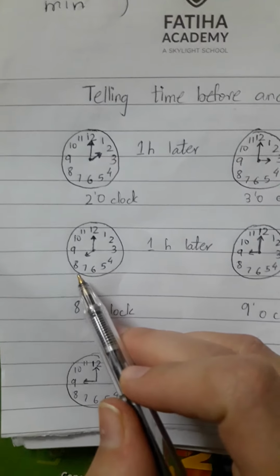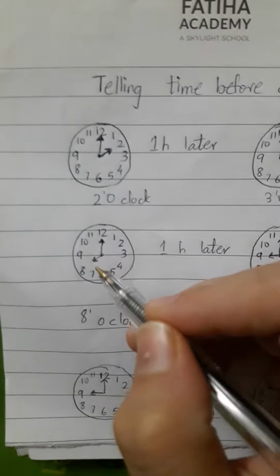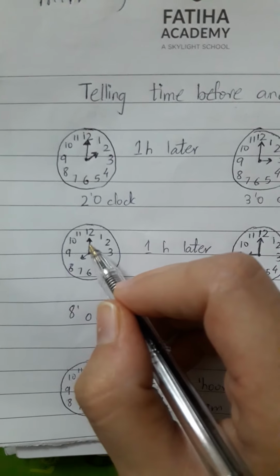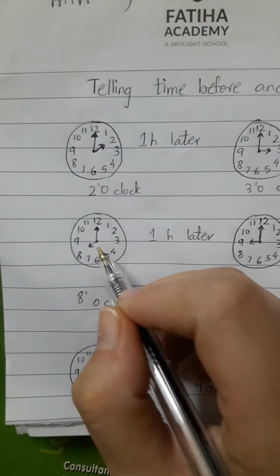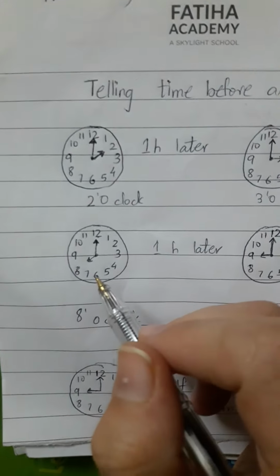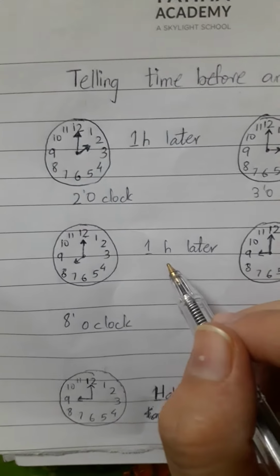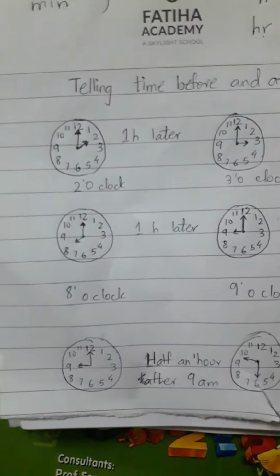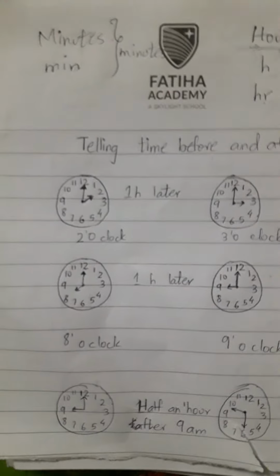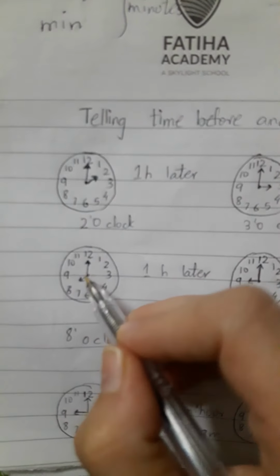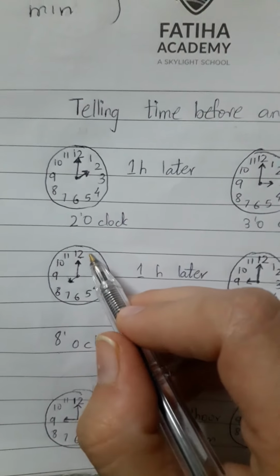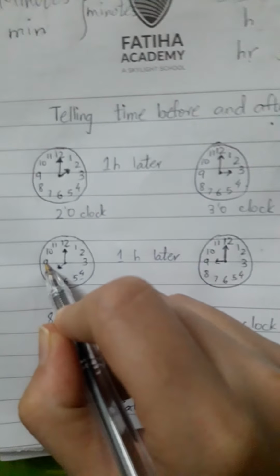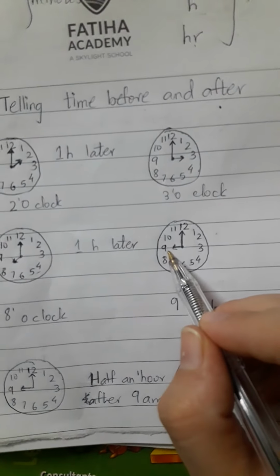Similarly, here is another example. This clock is showing the time as 8 o'clock, right? How? Because the hour arm is pointing at 8 and the minute arm is pointing at 12. And I ask you what time it will be 1 hour later. Since this clock is showing 8 o'clock, the hour arm will take a complete turn again, come here, and become 9 o'clock.